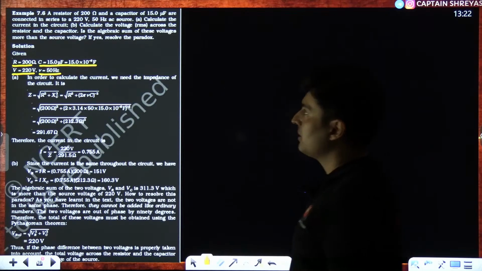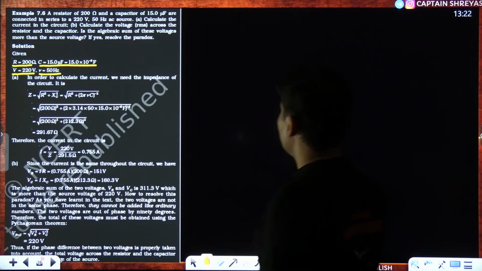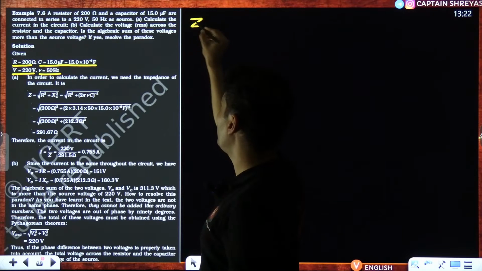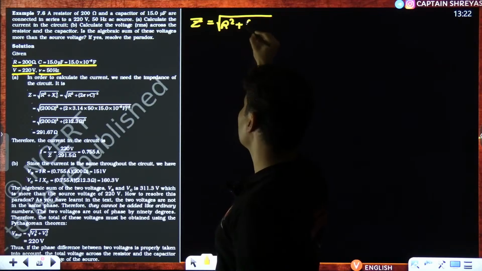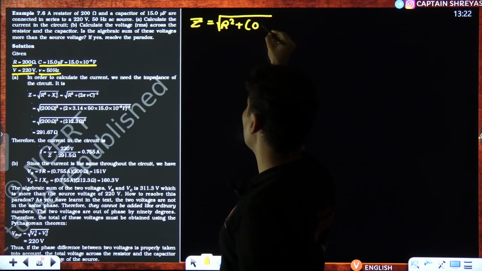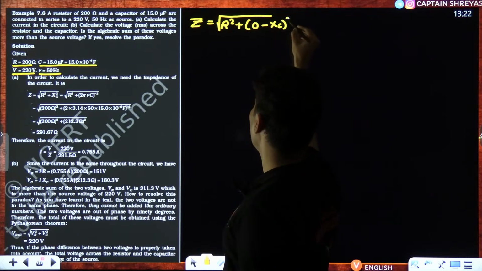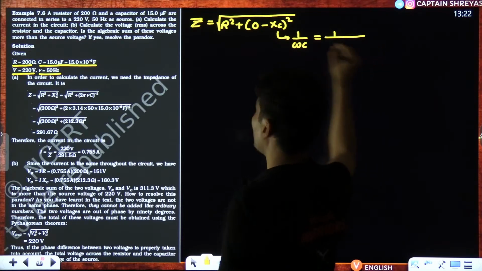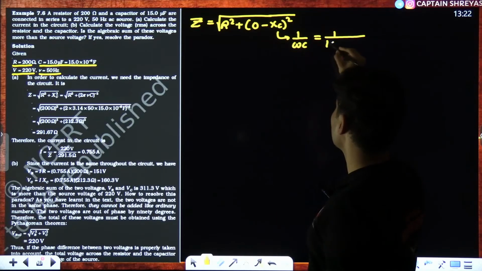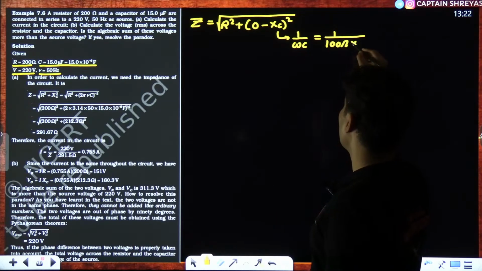First thing, calculate the current. To calculate the current, first calculate the impedance. What is the formula for impedance? It is root of R square plus XL, inductance is not there, minus XC, whole square. This XC is 1 by omega C. Omega, we already know for 50 hertz, is 100 pi, into capacitance.